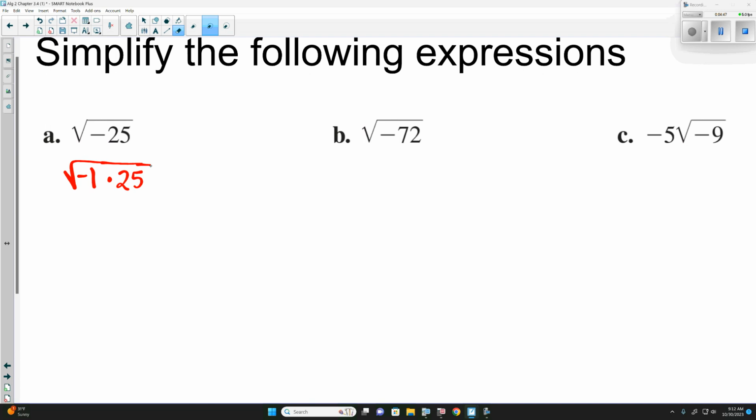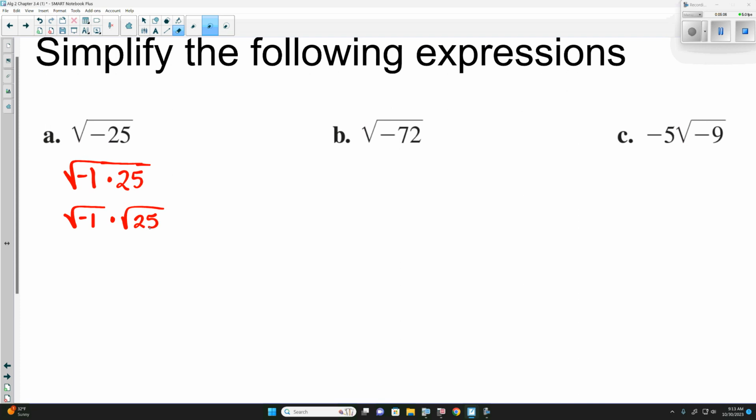When we say the square root of negative 25, we're really saying the square root of negative 1 times 25. And according to the properties of radicals, we can break this up into the square root of negative 1 times the square root of 25.